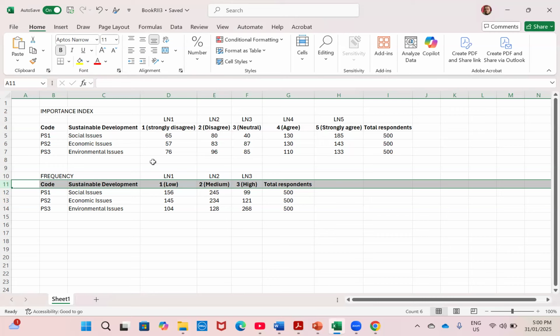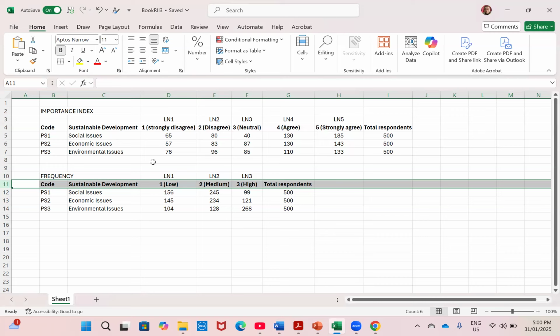And then when it comes to economic issues, 145 low, 234 medium, and 121 high. Now let's come to environmental issues. 104 low, 128 medium, 265 high. Perfect.